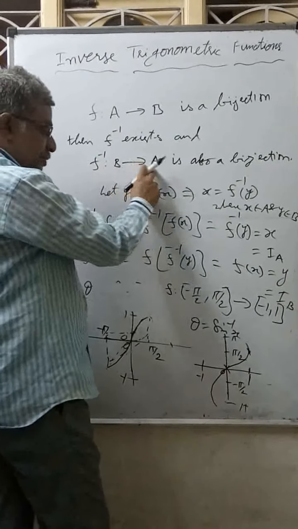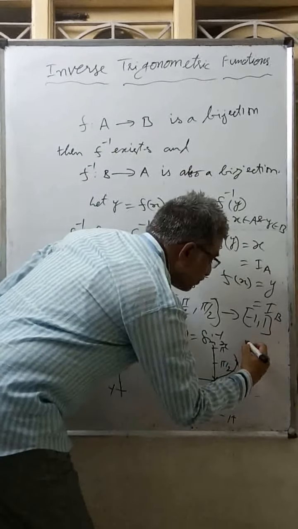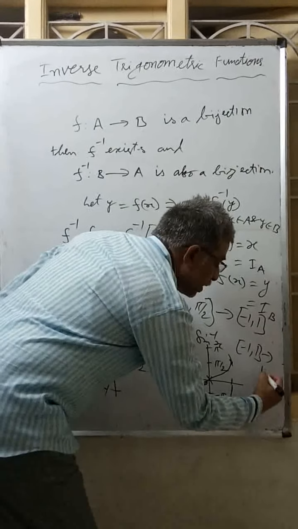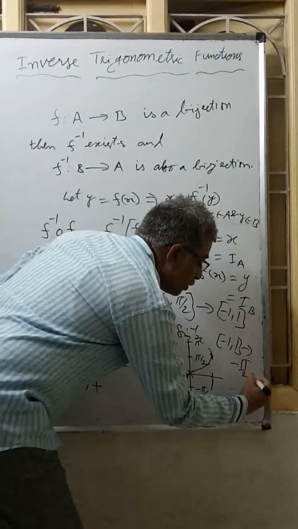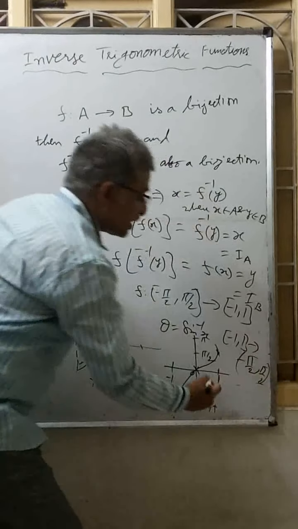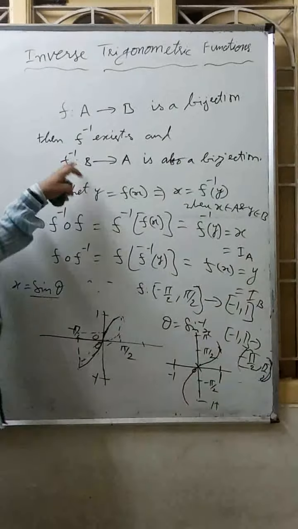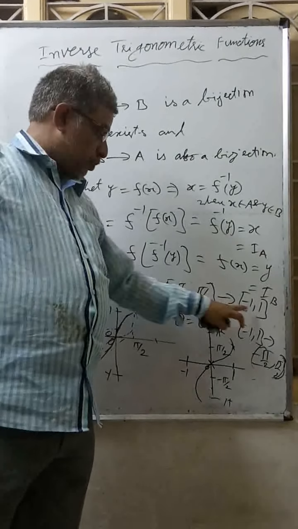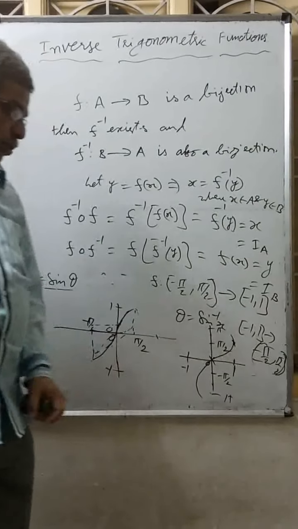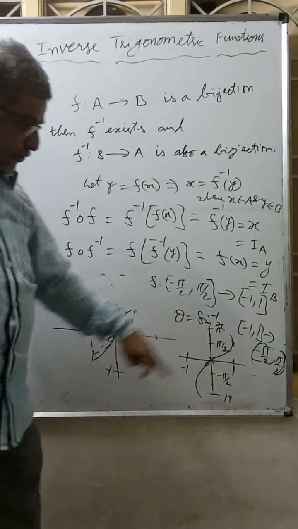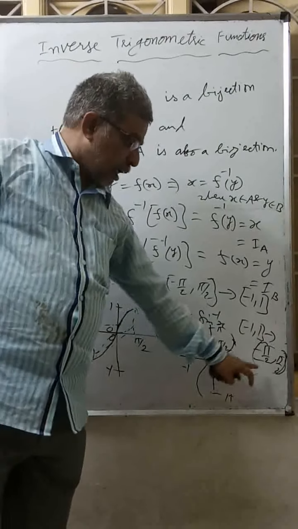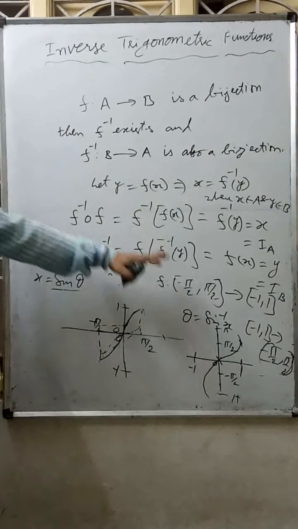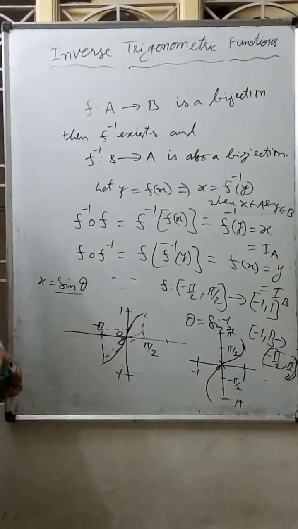Like f inverse is from B to A, the domain of sin inverse becomes -1 to +1 and the codomain becomes -π/2 to +π/2. As our function changed from A to B, the inverse function changes from B to A. Theta changed from -π/2 to +π/2 to -1 to 1 is our original function. For the inverse function, the domain becomes -1 to 1 and the range becomes -π/2 to +π/2. This is how sin inverse is defined.